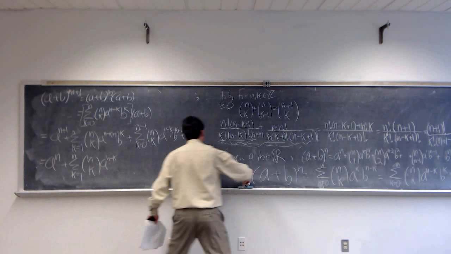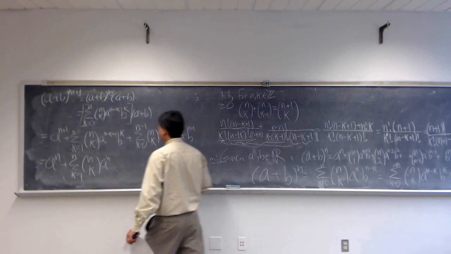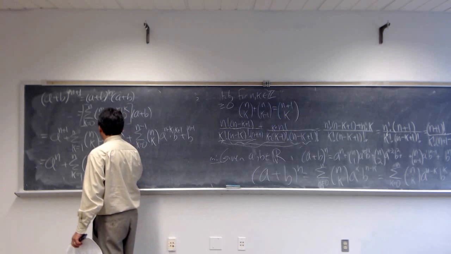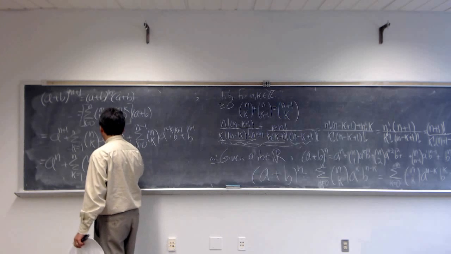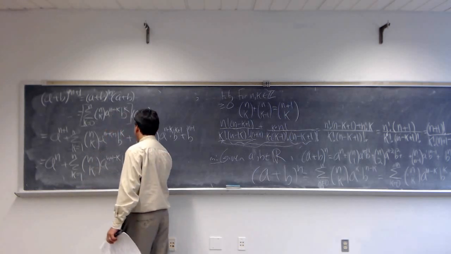And here maybe I will say that's a to the n plus 1 minus k, b to the k, so I'll leave that one alone.